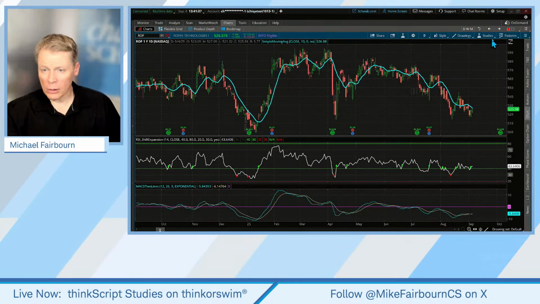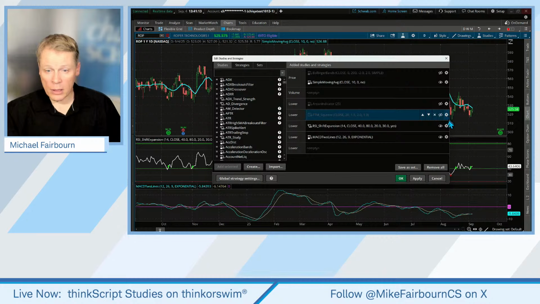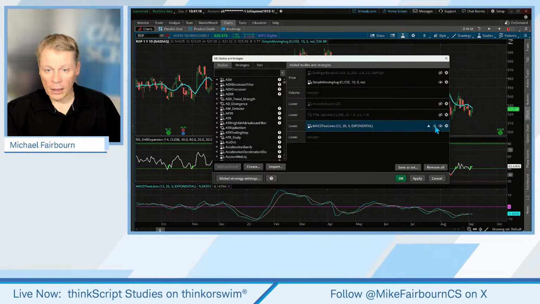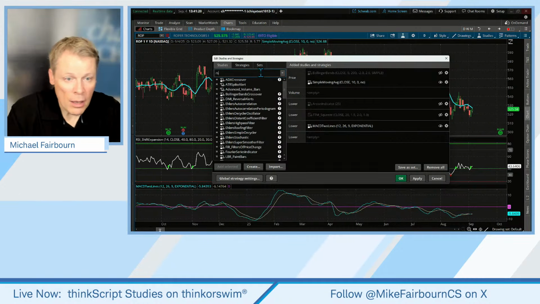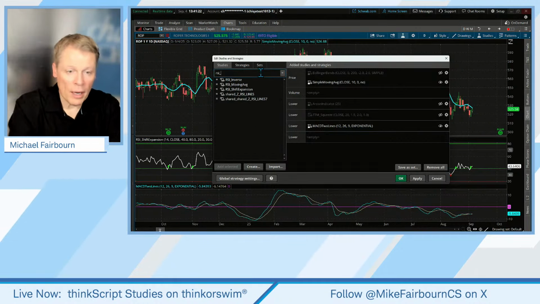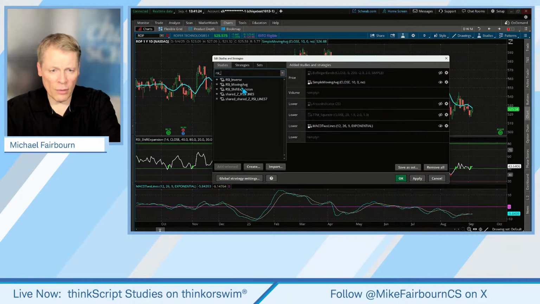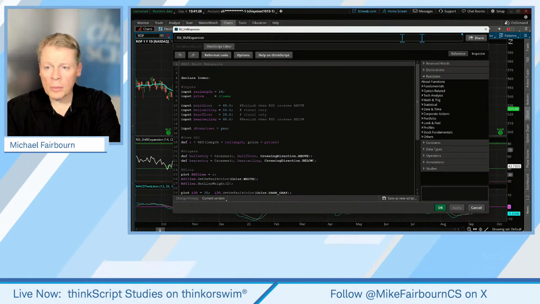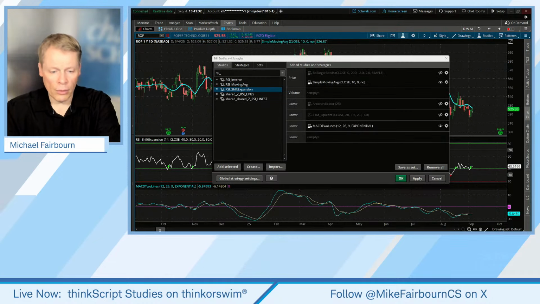Let me just do one little adjustment here. Let's just do this, folks. Let me set this back. It's funny because when I put that line on, I got to double check that. But I think in terms of throwing out the numbers that we're after, there is that RSI expansion right there. Let's put it on the chart too.